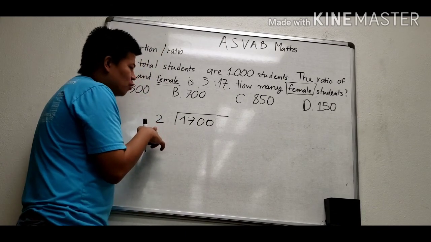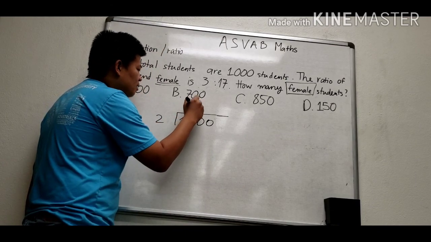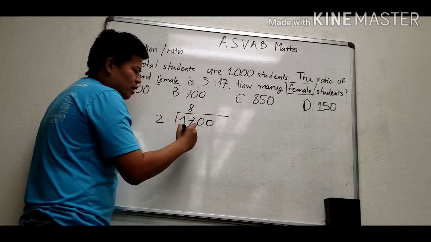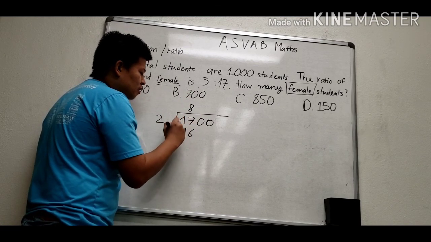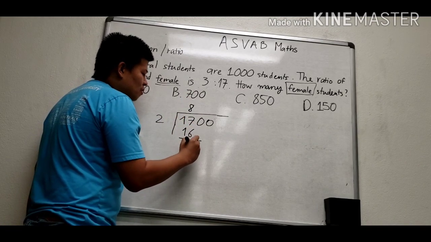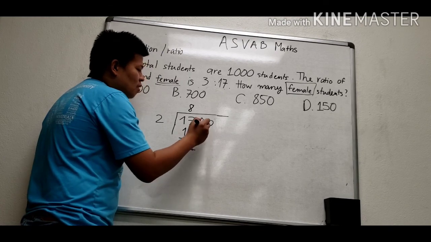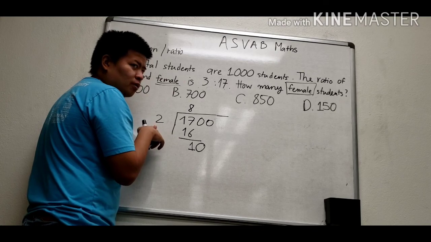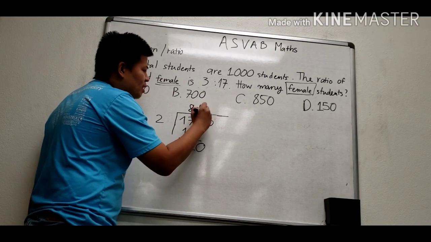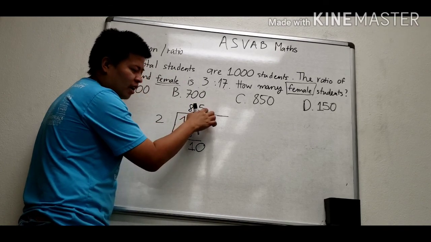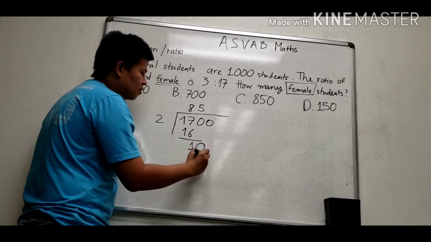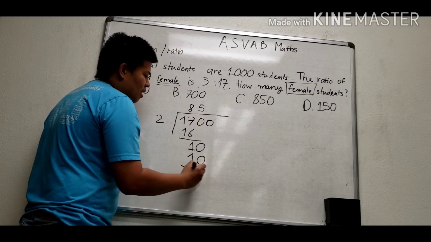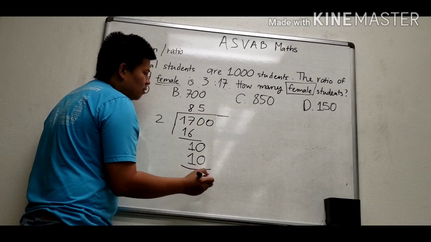In 17, we have number 8 here. 8 multiplied by 2 is 16, so we get a remainder of 1. We have 0, so we put 0 here. We have number 2, and we have number 5 here, because 2 multiplied by 5 is 10, and we get 0.